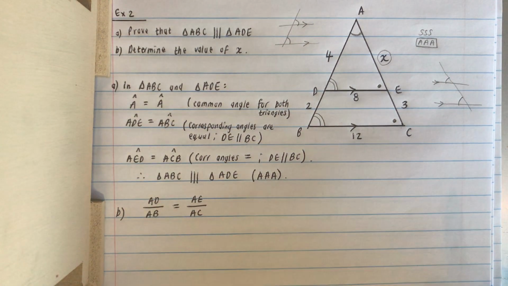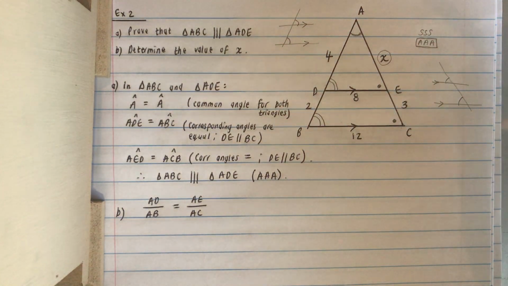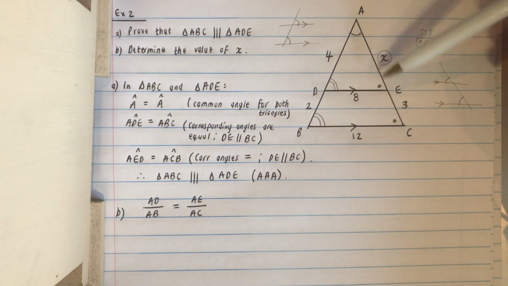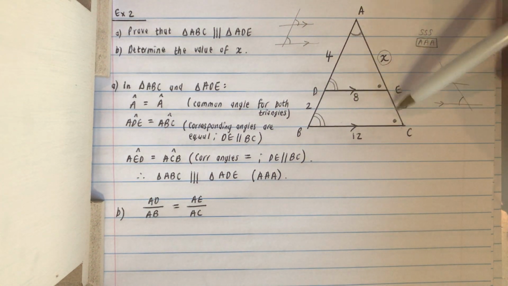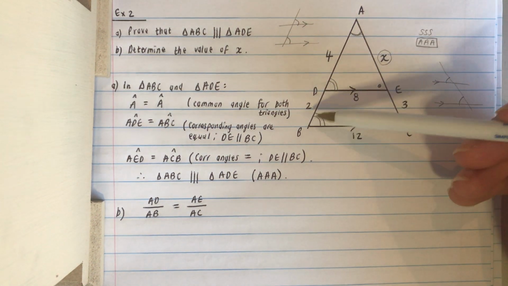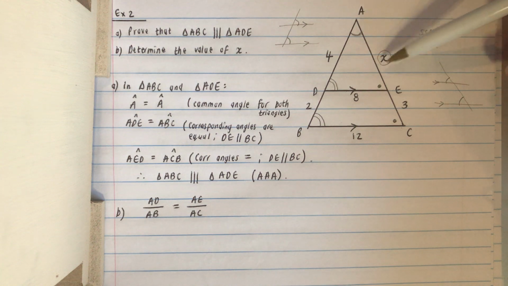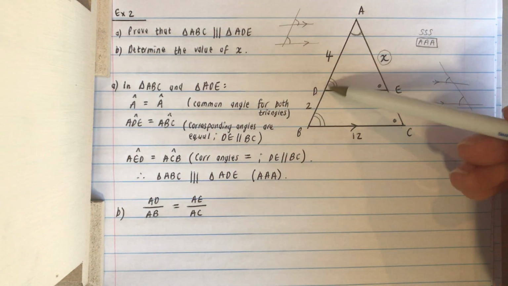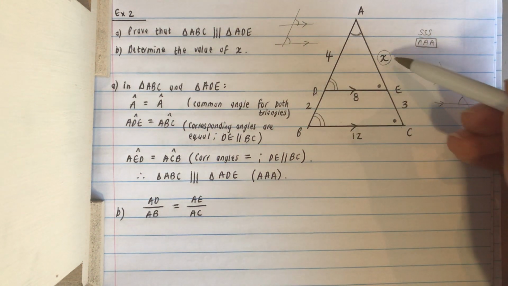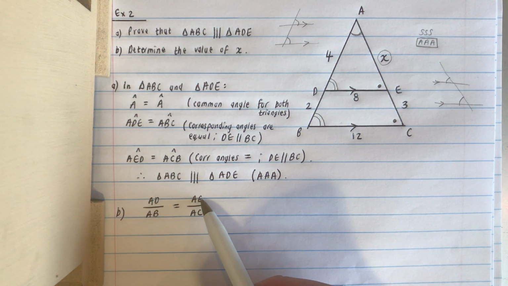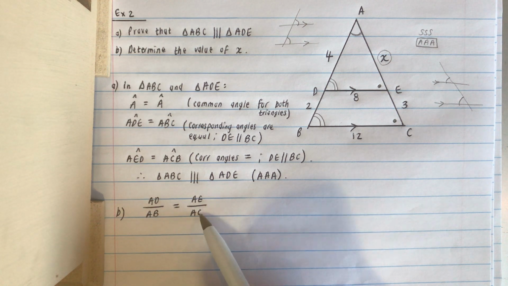And you'll see that what I did here is I took the smaller side over the bigger side. You can also say the bigger side over the smaller side equals the bigger side over the smaller side. But the reason why I said the smaller over the bigger is because then X will be in our numerator, which makes it easier to solve our equation.